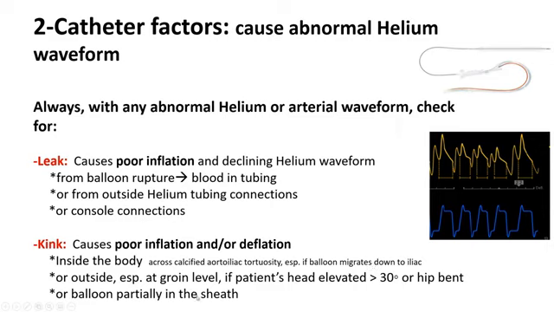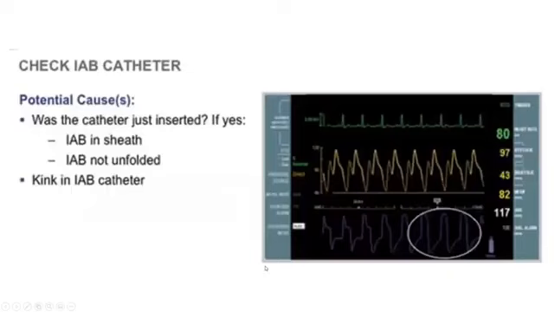So it's kinked because it's not able to expand in the sheath. And this is something you can tell sometimes just by looking at the balloon catheter and seeing that one of the markers is actually outside the body, and by X-rays. So always think of those two, leaks and kink. Leak causes poor inflation. Kink can cause poor inflation and or poor deflation.